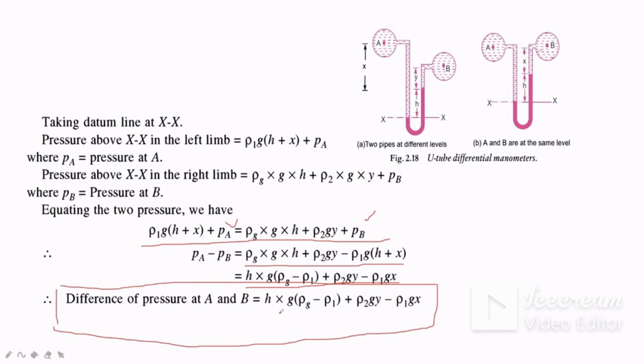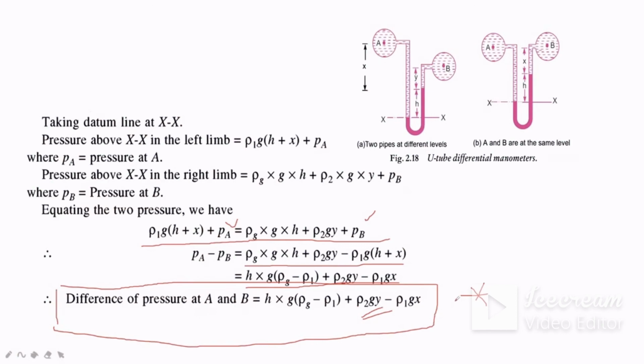Rho G minus rho 1, plus rho 2 g Y minus rho 1 g X. After practice, you will remember it very easily. So the difference of pressure at A and B is h into g times rho G minus rho 1, plus rho 2 g Y minus rho 1 g X.